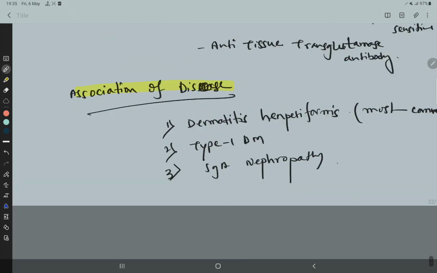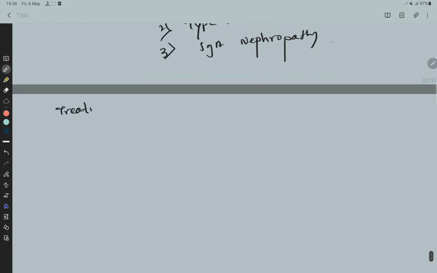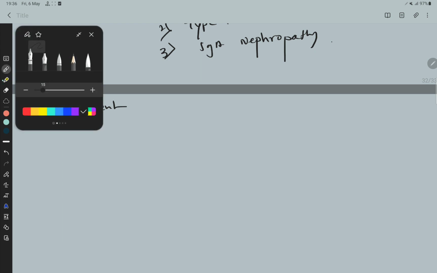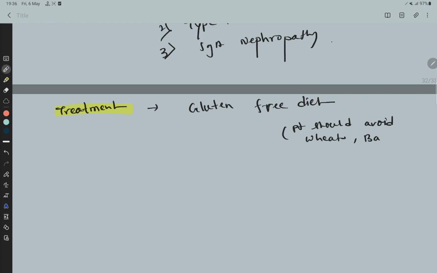Then treatment. Last part is treatment. Treatment is a gluten-free diet. The patient should avoid wheat, barley, rye, etc. Okay, so gluten-free diet.